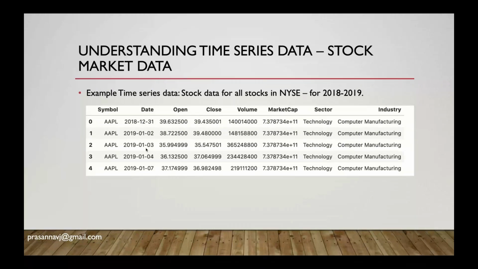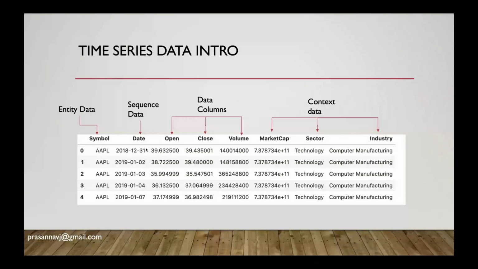Based on the type of information we have in this, we can classify the data into multiple categories. For example, there is entity data. The symbol is an example of entity data. Entity data represents the whole time series set that you are looking at. There could be multiple entities like Apple, Google, and so on, but each entity has its own set of time series information that you need to focus on.